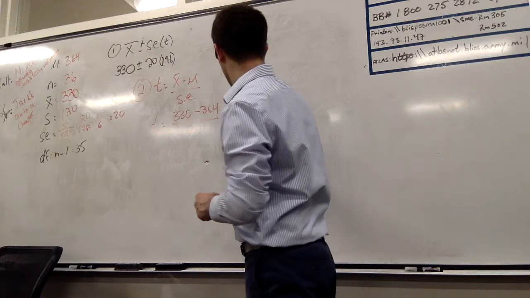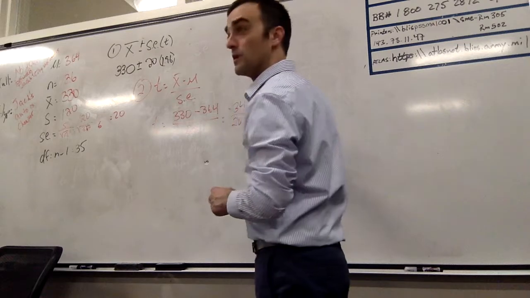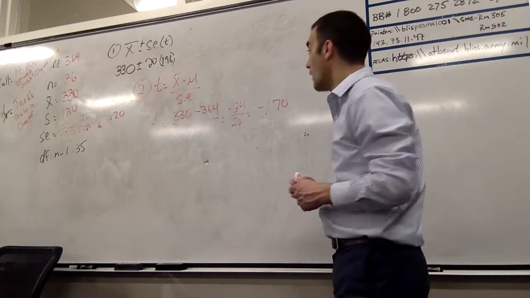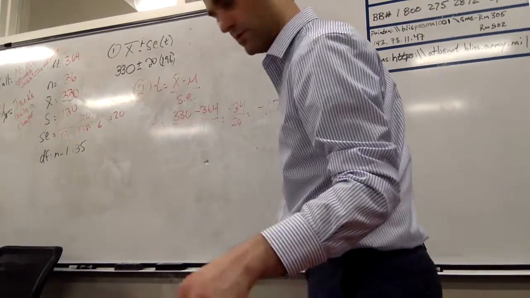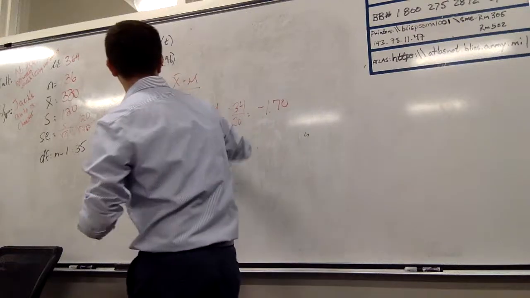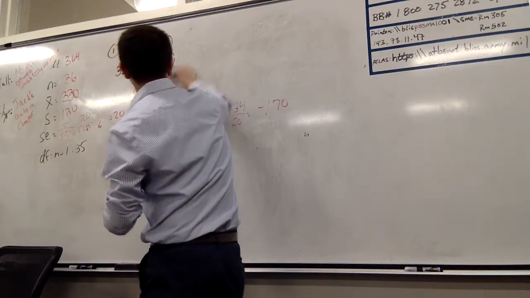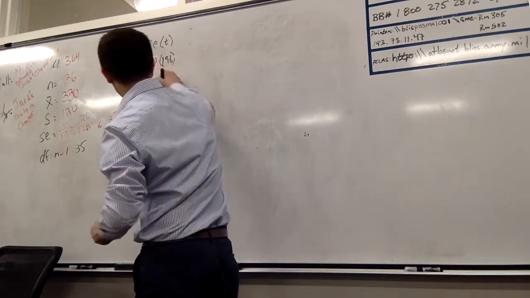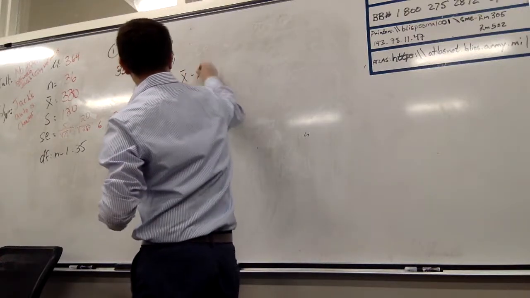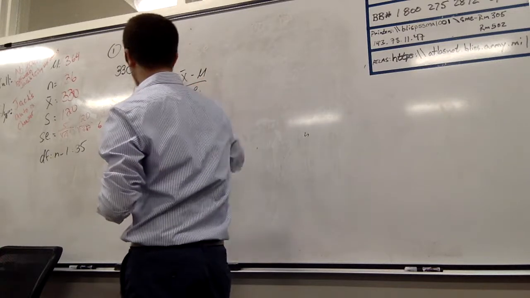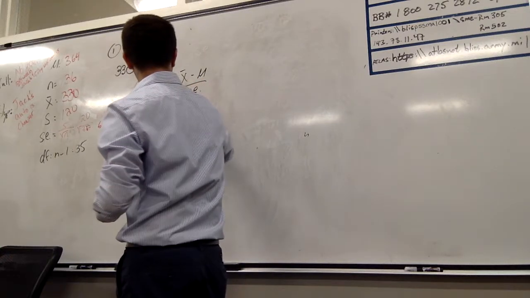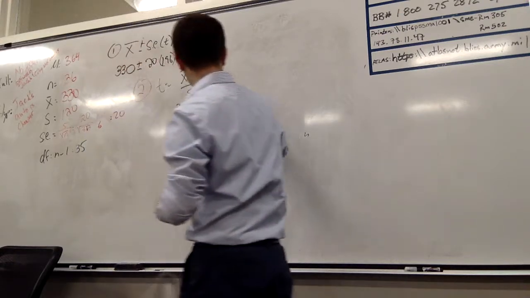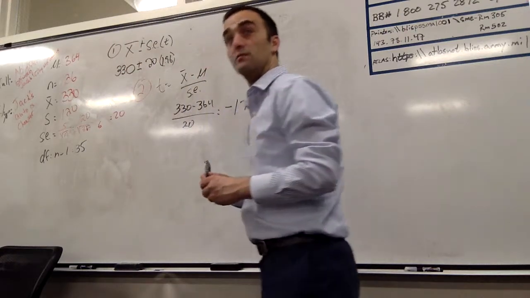Negative 34 over 20, negative 1.70 is your t.